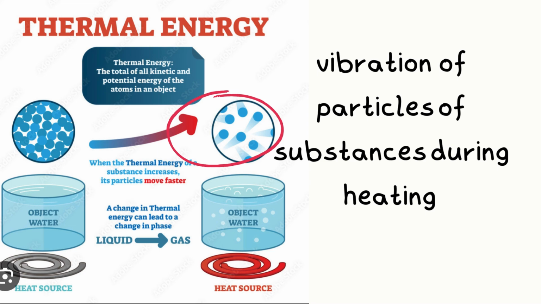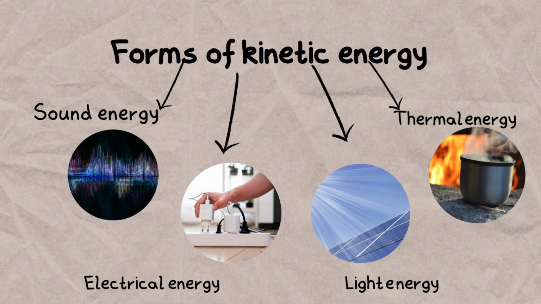So the vibration of particles of a substance during heating makes us say that the thermal energy is a form of kinetic energy, because there is vibration of particles during the heating. Let us summarize what we said in the forms of kinetic energy.